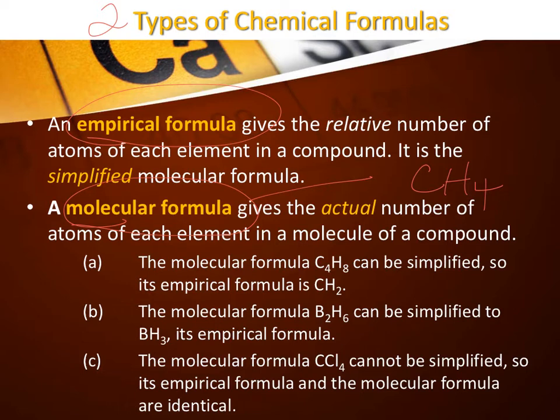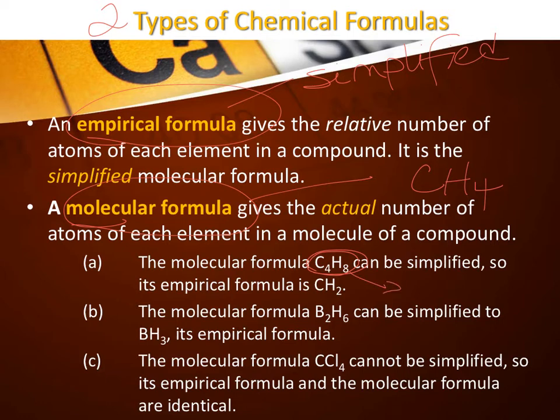Empirical formula is something that may be a bit new to you. Empirical formula is simply a simplified version of the molecular formula. So, for example, if we had a compound C4H8, it happens to be butane. That's what they put in cigarette lighters, that liquid stuff that burns.